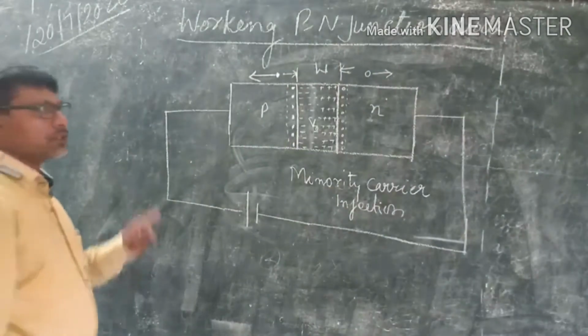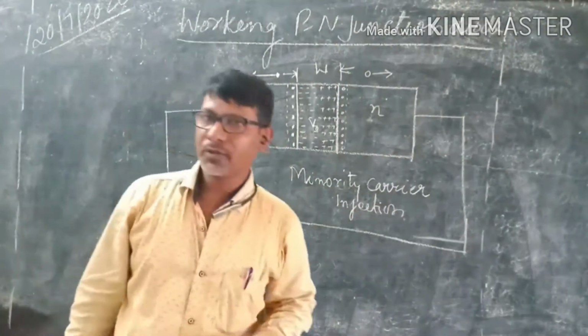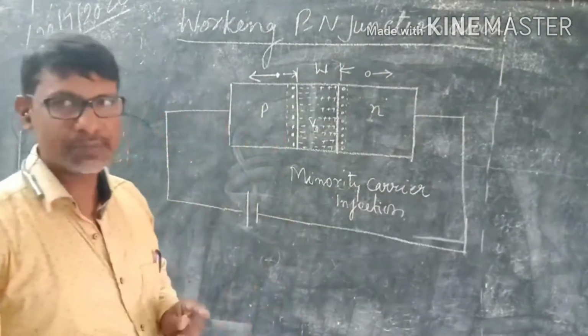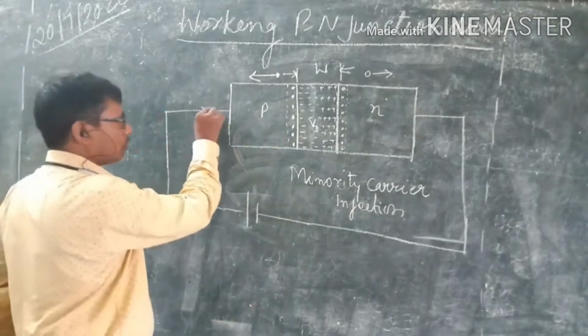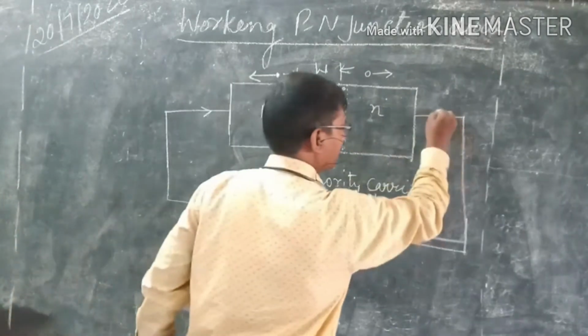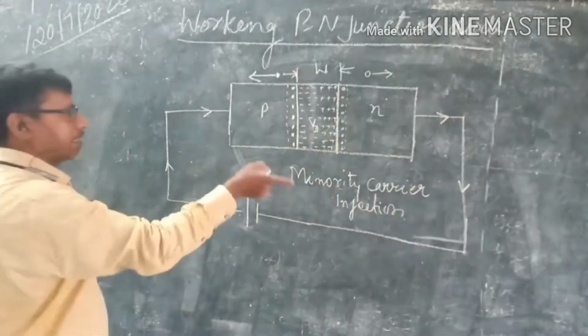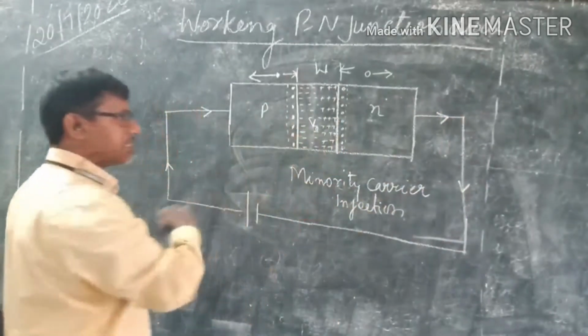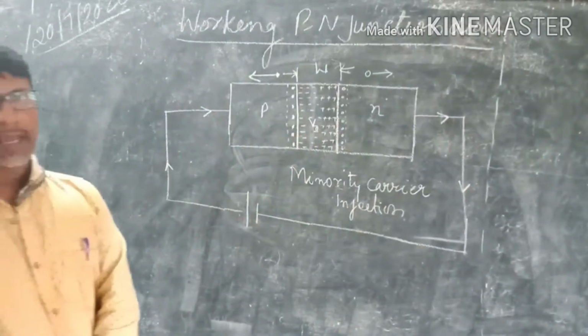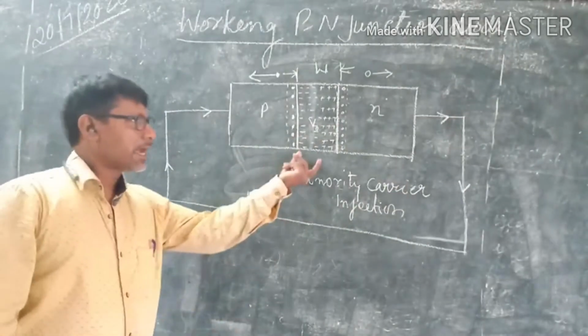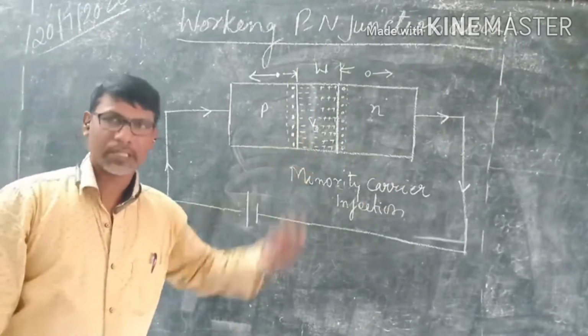You know that the conventional direction of current is the direction of positive charge carriers, so we give the direction of flow of current. In this way, in forward bias, the diode starts working.